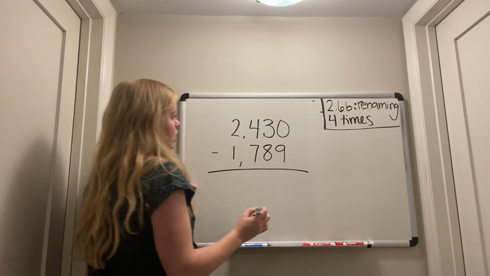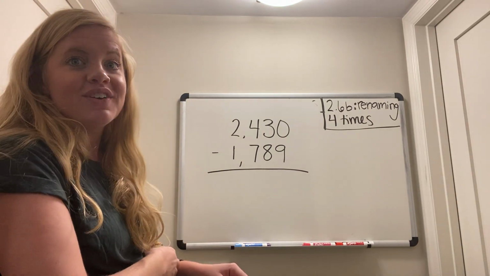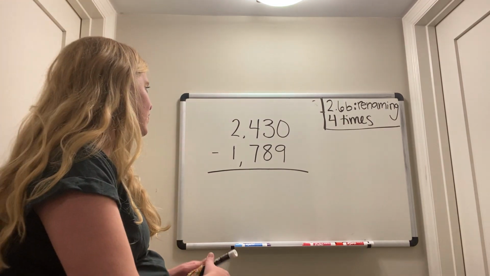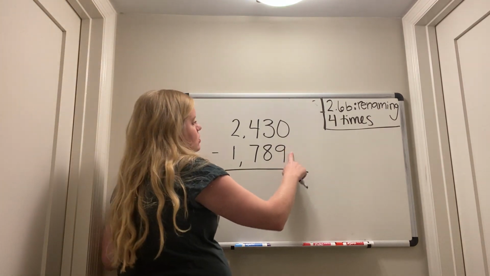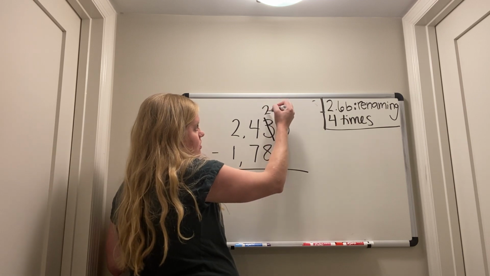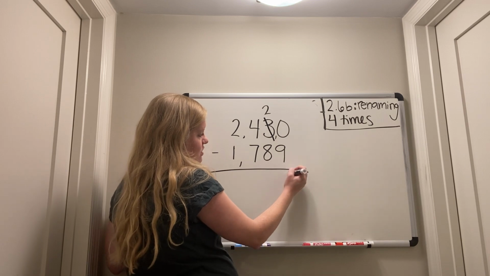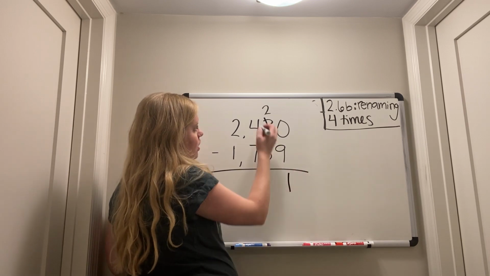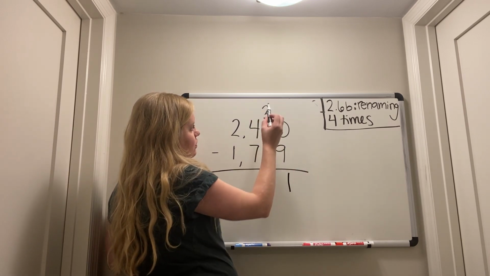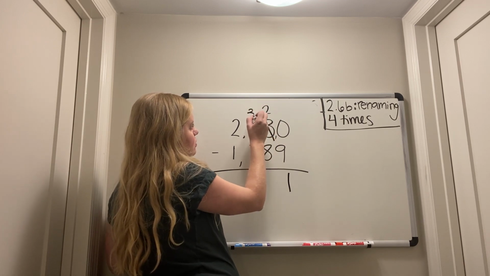Going through 1 more together, then you're going to do 1 on your own. Okay, here we go. 2,430 minus 1,789. We can't subtract 9 from 0, so we go to the 30. The 30 becomes a 20. The 0 becomes a 10. 10 minus 9 is 1. We can't subtract 80 from 20, so we go over here to the 400. Make this a 300.